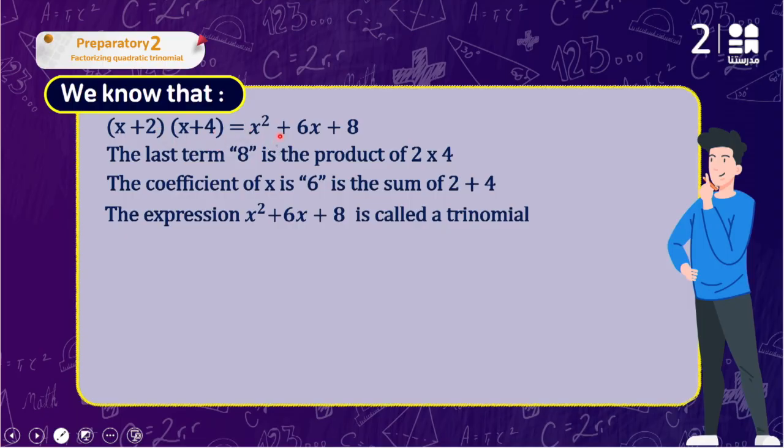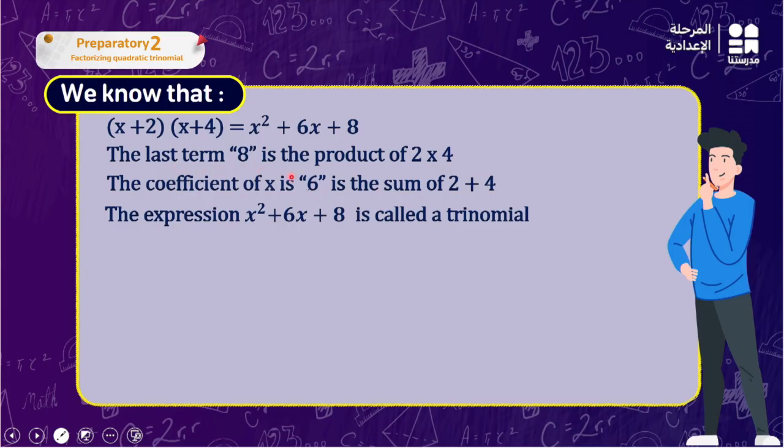طيب ازاي احنا عملنا الفاكتورايزنج ده؟ ازاي وصلنا بالشكل ده x squared plus 6x plus 8 to this form اللي هو bracket جواه x plus 2 bracket تاني جواه x plus 4. How can we do this؟ نقرا كده مع بعض. The last term is 8, the product is 2 times 4. ال 2 and 4 دول اسمهم ايه؟ factors of 8 زي ما تعودنا وزي ما اتفقنا.